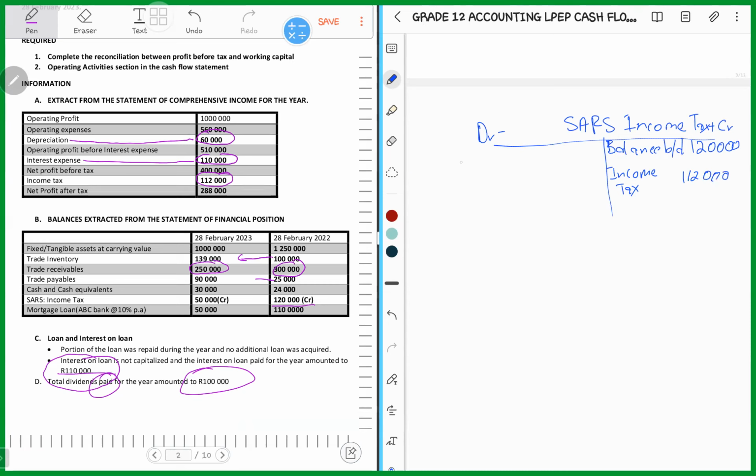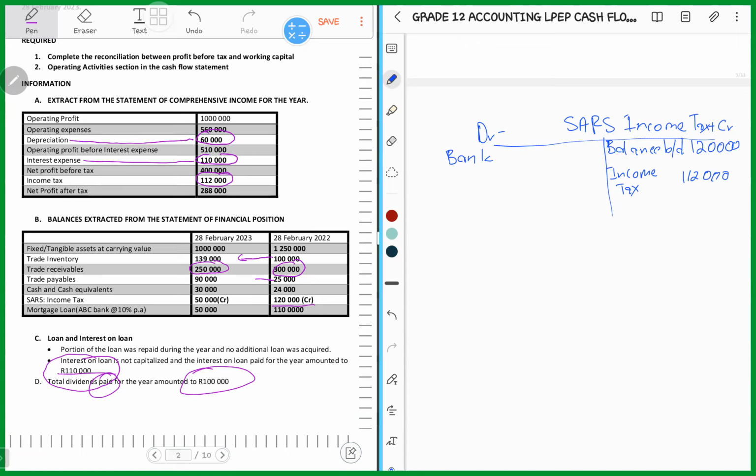Okay. Then here, we're going to write bank. This will be the income tax paid for the year. Remember, sometimes they're going to say the provisional payments for the year. Those provisional payments for the year are going to be your SARS income tax paid.